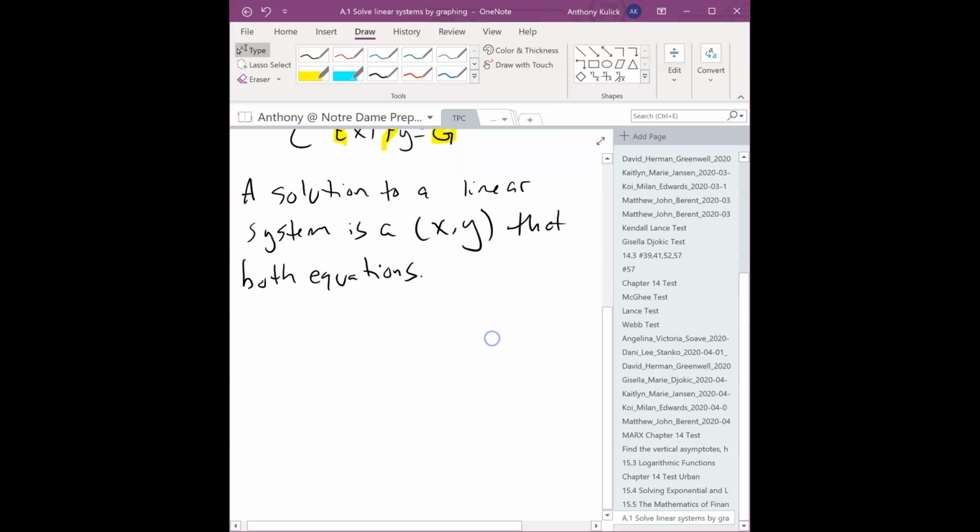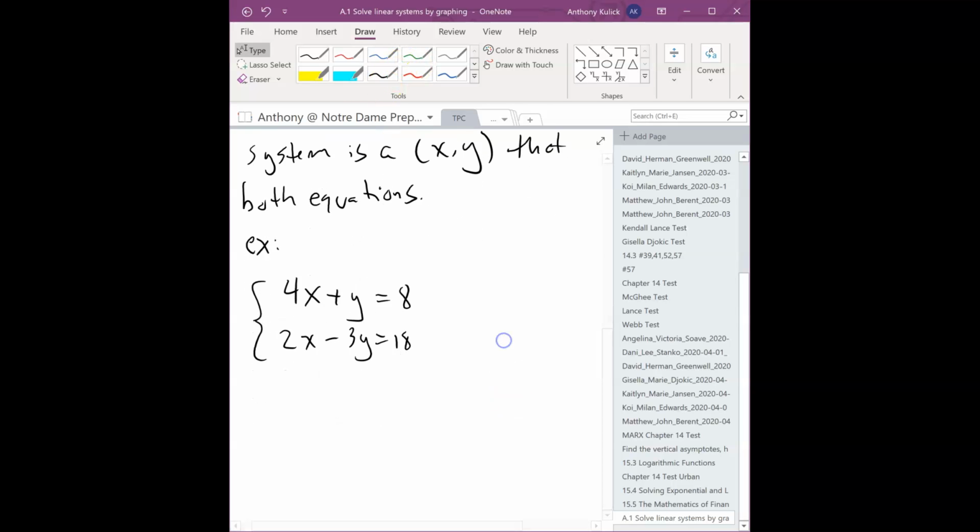So let's look at a specific example here. Let's say we have the equations 4x plus y is equal to 8 and 2x minus 3y is equal to 18. So I might ask, is (2, 0) a solution?